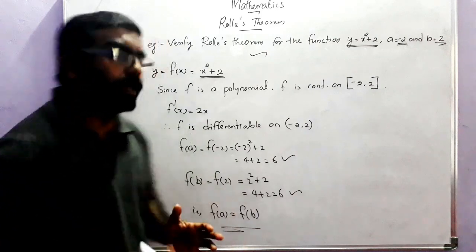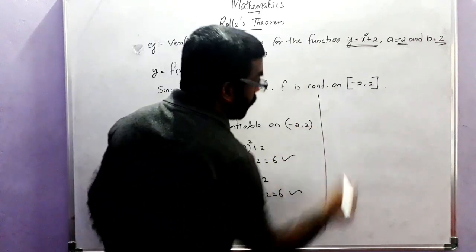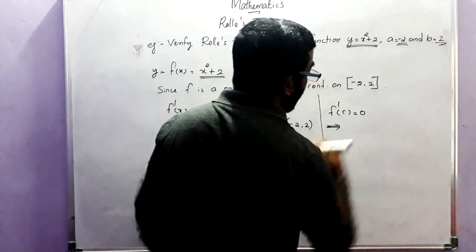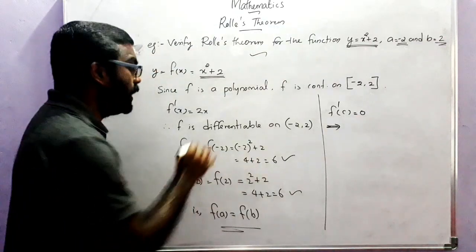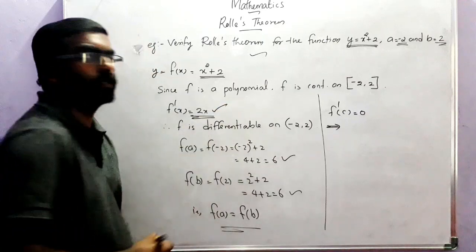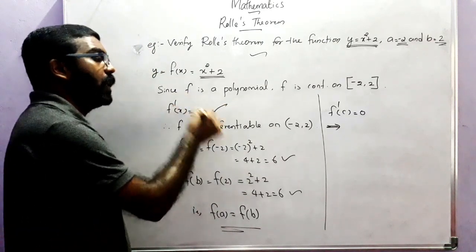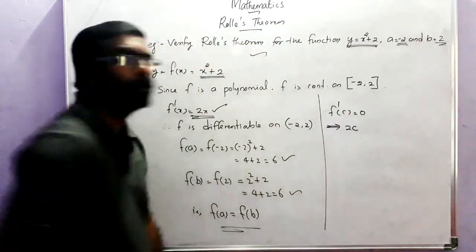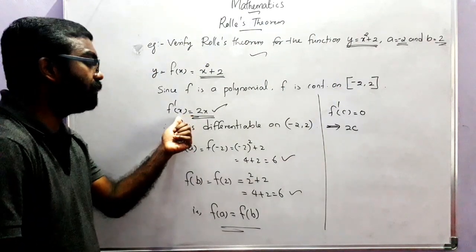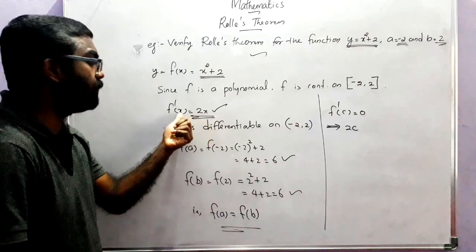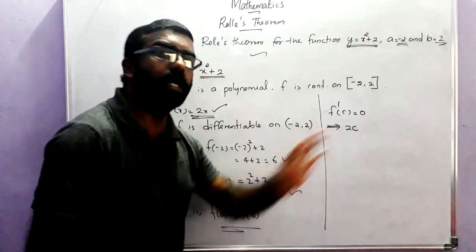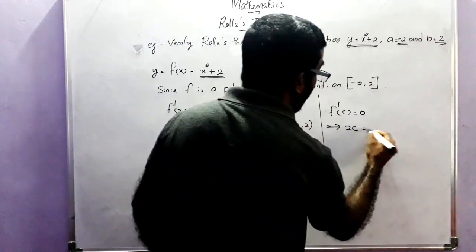So we can equate f dash of c to 0. f dash of x we already found, 2x. So what will be f dash of c? It is 2c. Clear? f dash of x is 2x, so instead of x, here c, f dash of c will be 2c, which is equal to 0.